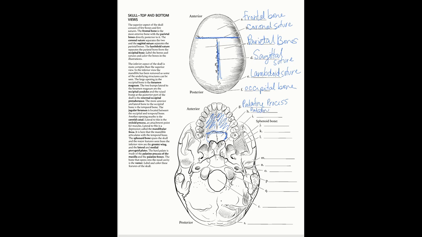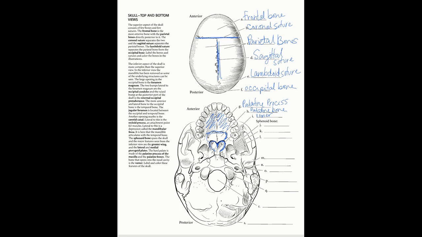So the palatine process is an extension of the palatine bone. Just behind that, we have what's called the vomer. This is the opening to the nasal septum. This is much easier to see in person. Okay.